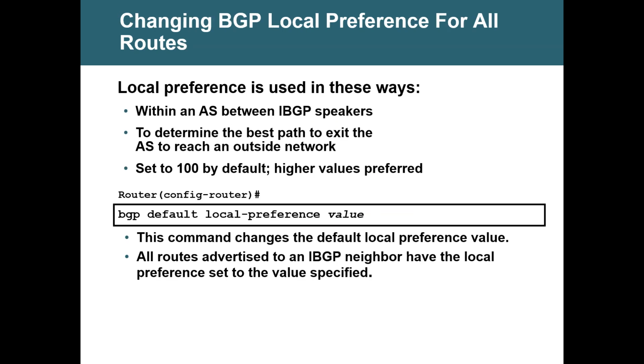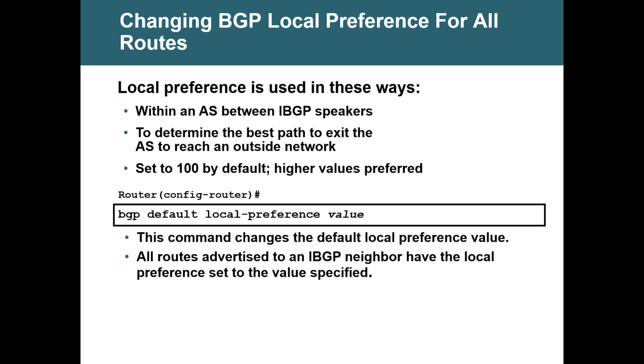Before that, this is what I was telling you: you can configure attributes without a route map. See this example here. We go under router mode and say bgp default local-preference value. What is the default local preference value? 100.